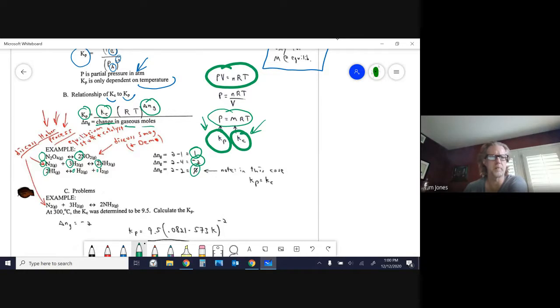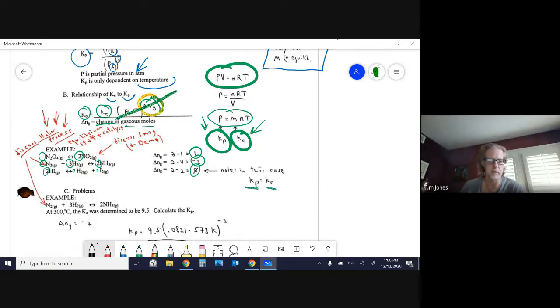And notice, based on the equation above, if delta Ng is a 0, then this entire thing is eliminated, and now Kp equals Kc. They're the same value. Because try to remember what an equilibrium constant is.